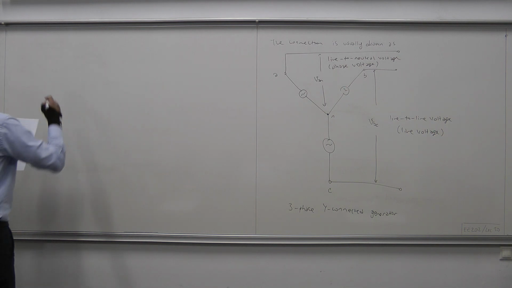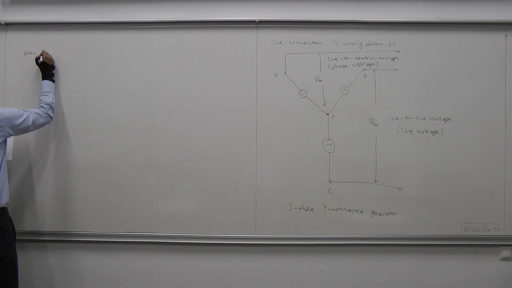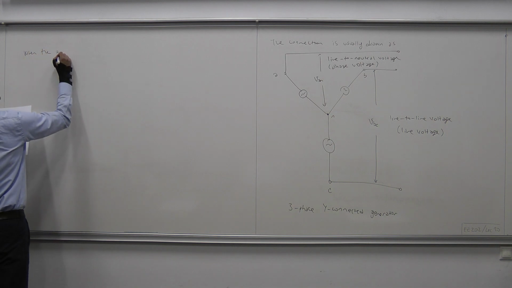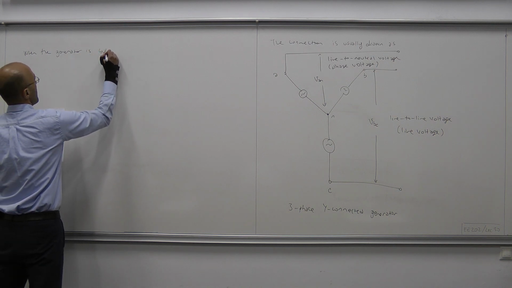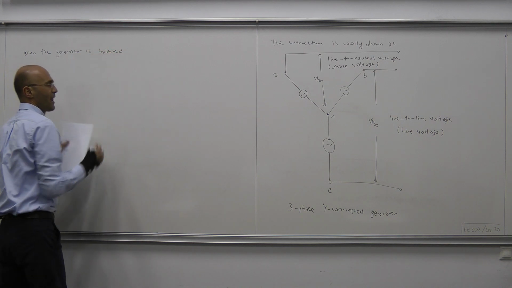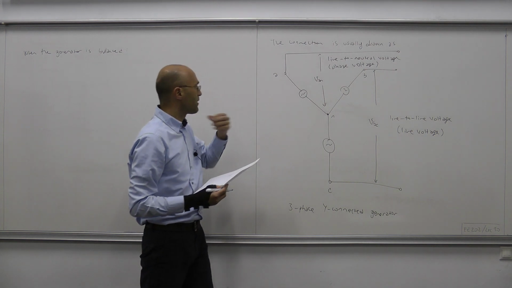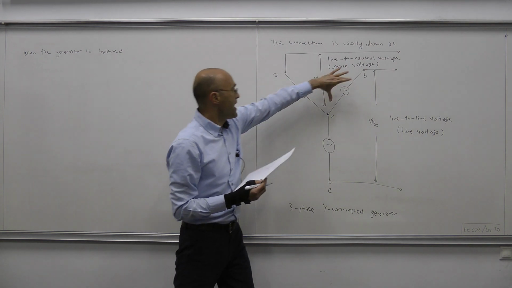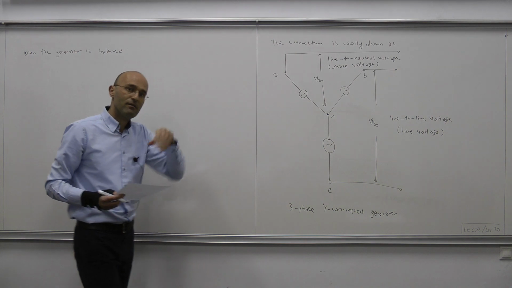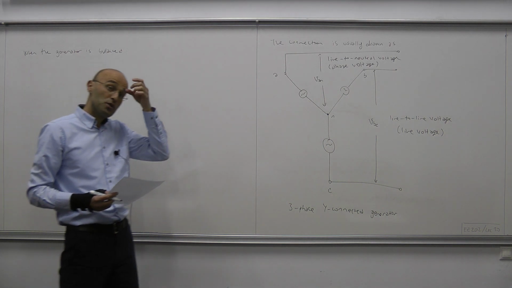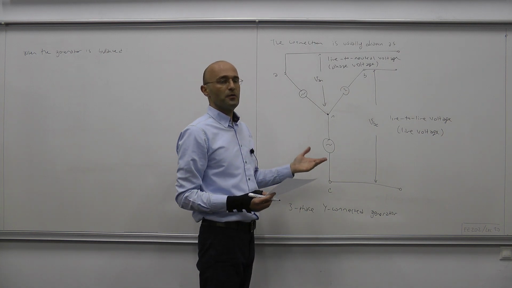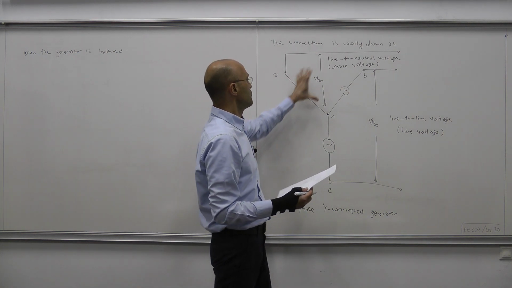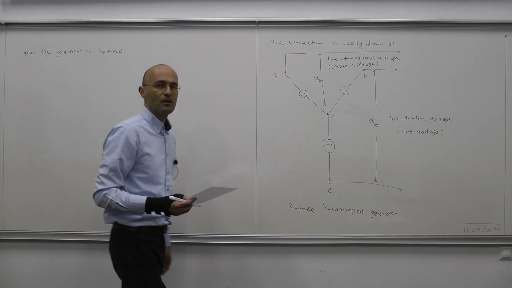So, when the generator is balanced, by which we mean that the voltages here, VAN, VBN, VCN, they all have equal magnitudes, and the phase separation is 120 degrees. Okay, from VAN to VBN, you go 120 degrees clockwise.